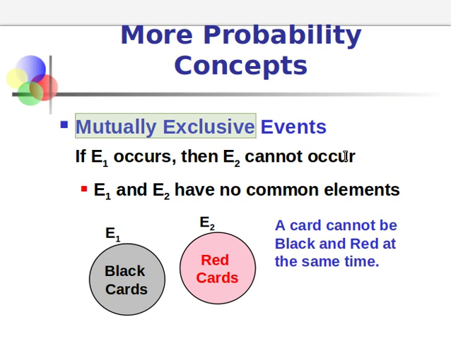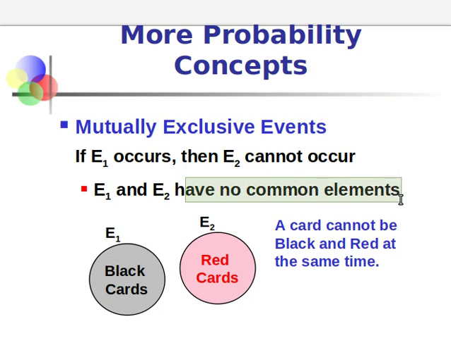They are like enemies that cannot come together, because if they come together there will be chaos. If E1 is there, E2 cannot be there, and vice versa. Therefore, E1 and E2 have no common elements. They have no commonality. In the case of a deck of cards, the cards are divided into black cards and red cards, they have no commonality.